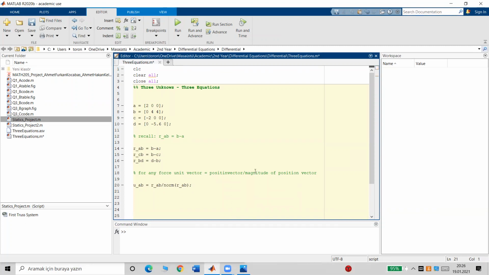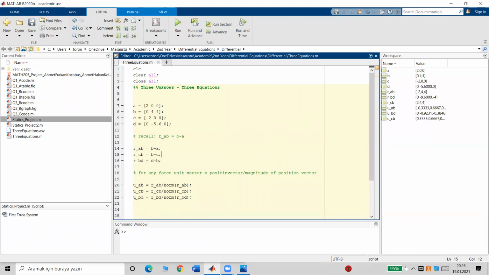So let's continue with the unit vector CB, which is equal to RCB over norm RCB, and same for BD, which is equal to RBD over norm RBD. Yeah, let's run the code until here.